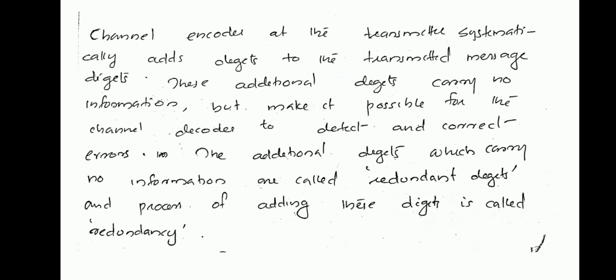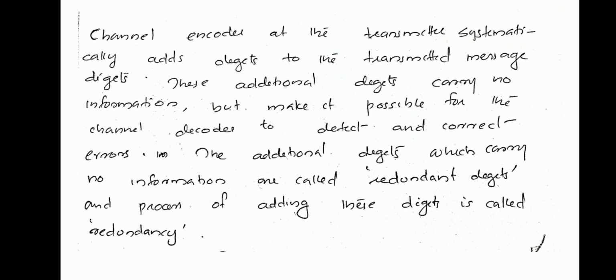The channel encoder at the transmitter systematically adds digits to the transmitted message digits. These additional digits carry no information but make it possible for the channel decoder to detect and correct errors. So we can see how error control coding works.